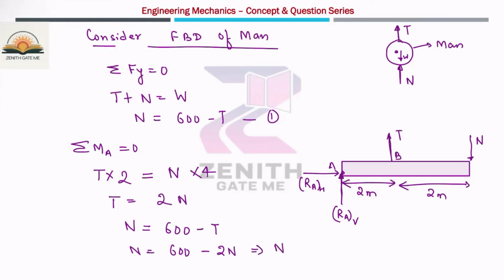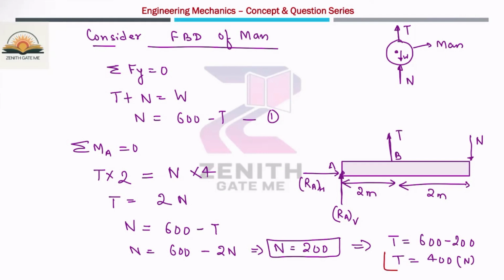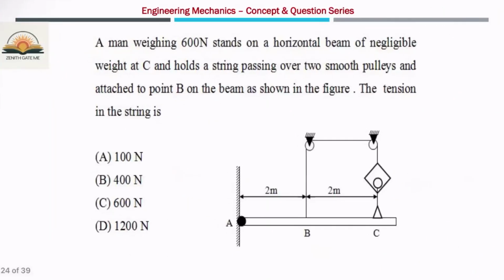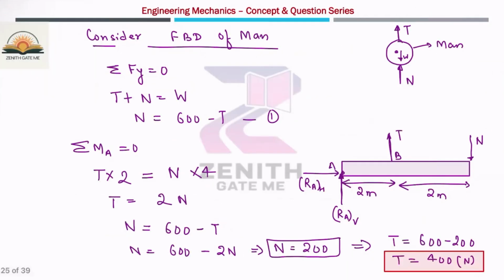That means the normal reaction is nothing but 200. If the normal reaction is 200, can I calculate the tension from the first equation? Yes. The tension value is 600 minus 200, which is equal to 400 Newton. That is what you have to find out, the tension in the string, which is 400 Newton. So what will be the correct answer? Option B is the correct answer.